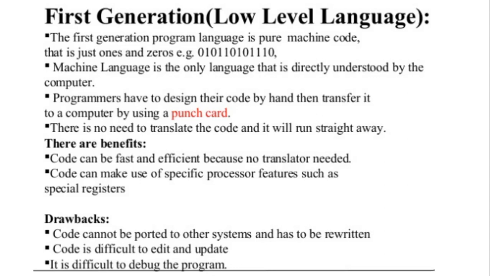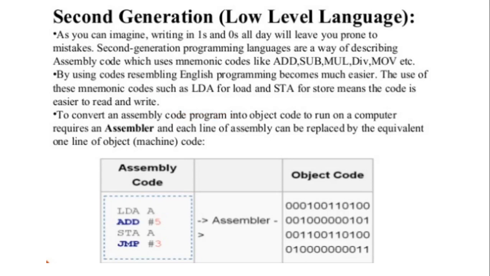The next level of evolution in programming languages was the second generation. This is also a low level language, but it is relatively higher than machine language. As you can imagine, if we write zeros and ones the whole day, obviously we'll be prone to mistakes, right?